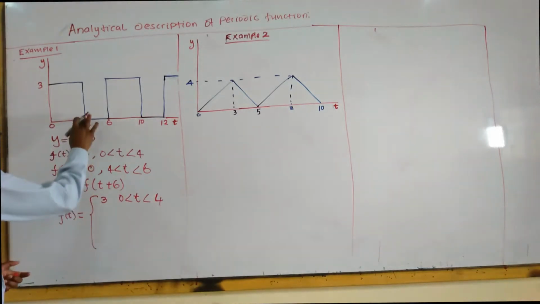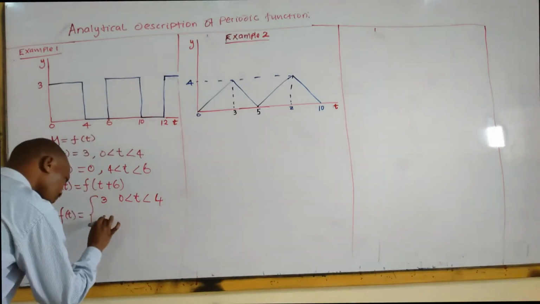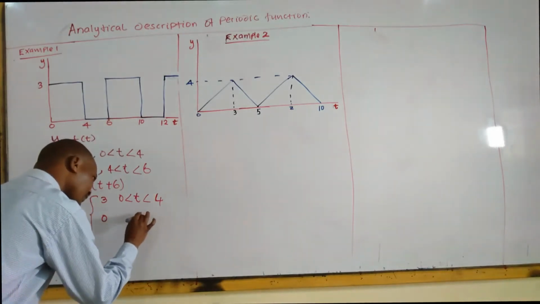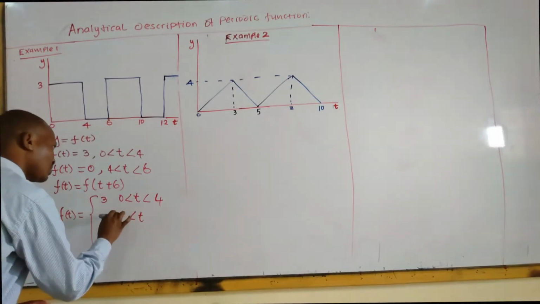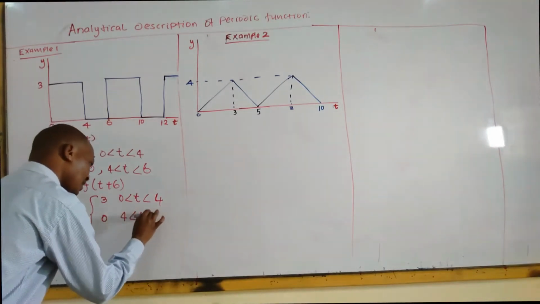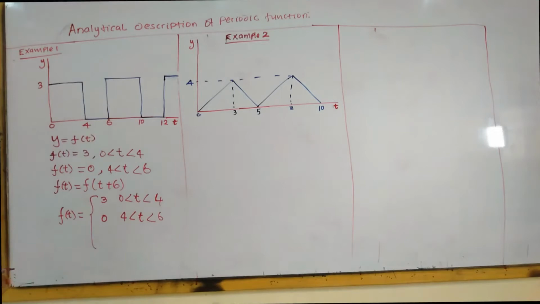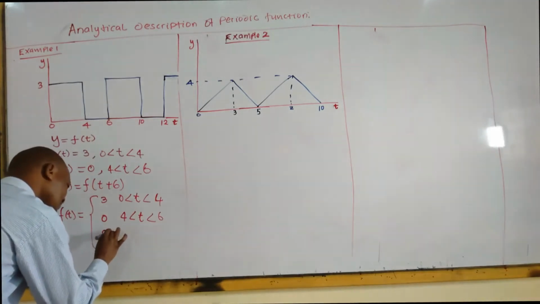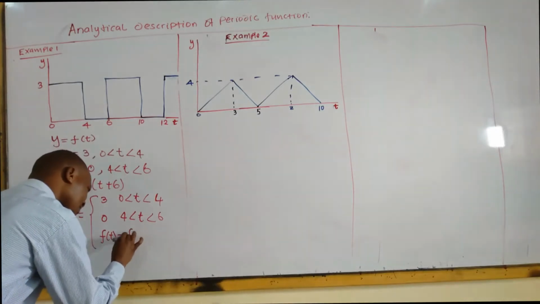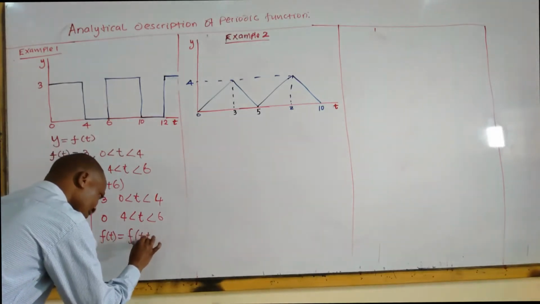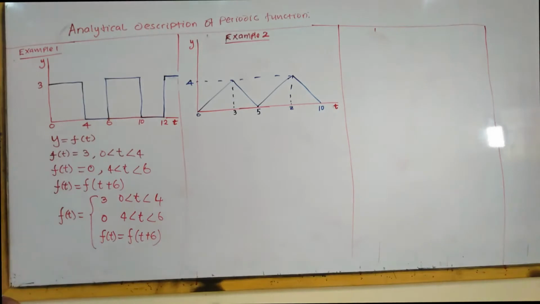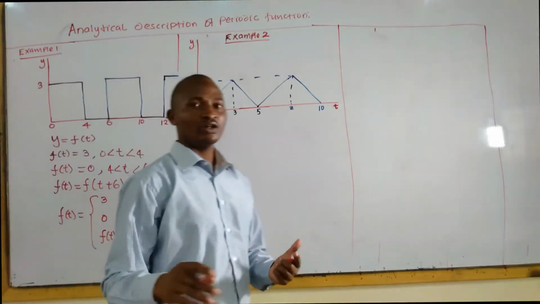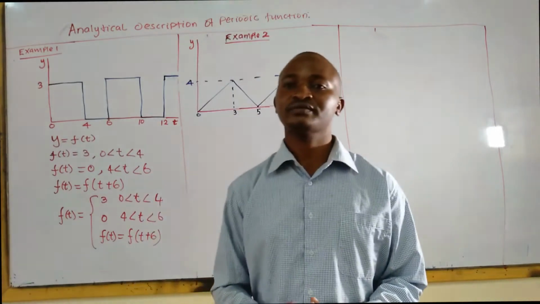The function is equal to 0 for t between 4 and 6 seconds. And finally, our function f of t is periodic with 6 seconds. That is the analytical description of our first function.